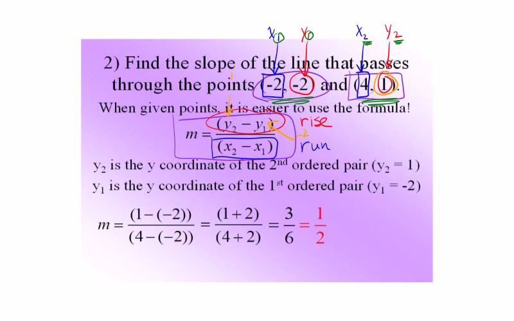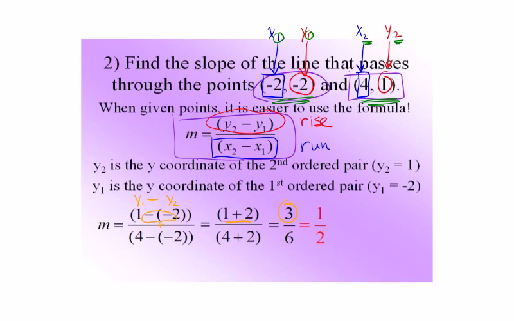So you can see 1 minus, there's a built-in minus, right? 1 minus -2. Let me clean this up a little bit. All right, so this is y2 minus y1. And so we have a negative negative, which of course turns into a positive, and so it turns into 1 plus 2, which is 3, right?